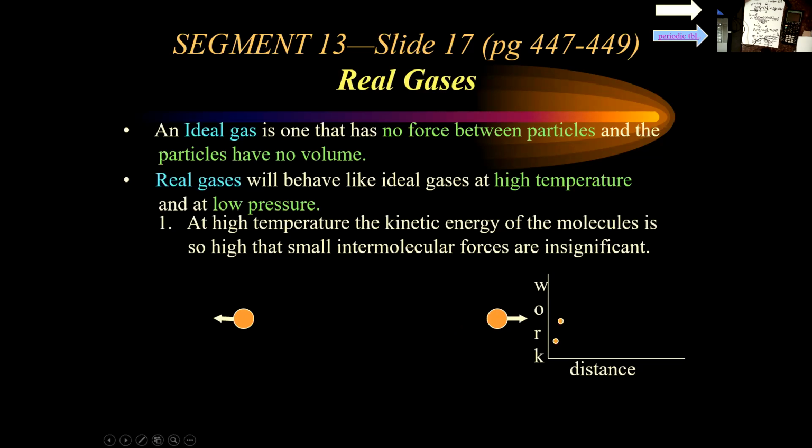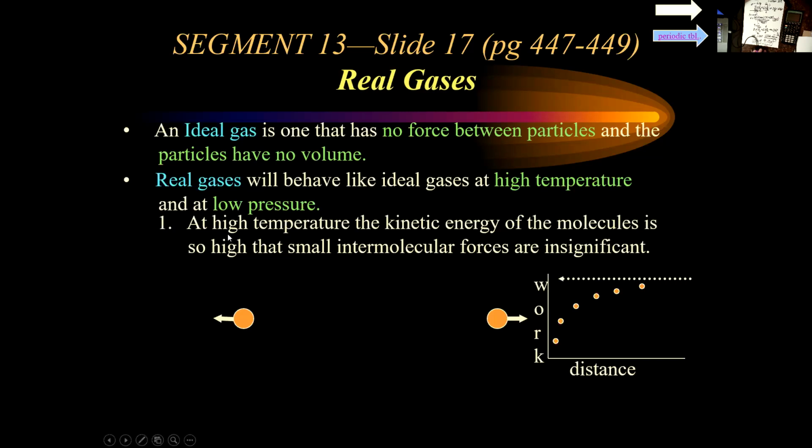They're further apart now, and I pull them out the same distance again. It takes a little less energy. And as you keep doing this, when I get to infinity, this is the amount of work it would take to separate them all the way to infinity. If my kinetic energy is a lot greater than that, this molecule is going to behave like an ideal gas.